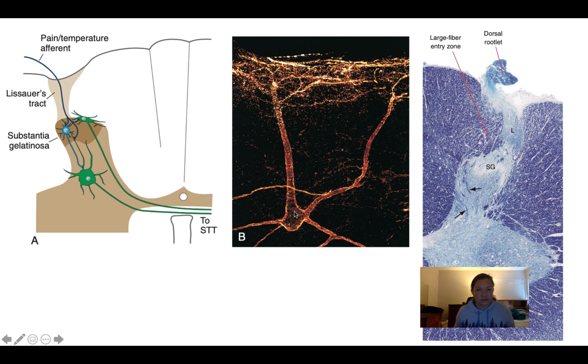So this might be representative of this neuron right here, but it has a dendritic tree that travels to the superficial gray matter. So all of these dendrites of this neuron reside up here, perhaps receiving input akin to this one, but a cell body a little deeper. And then it's going to extend its axon to the spinothalamic tract.